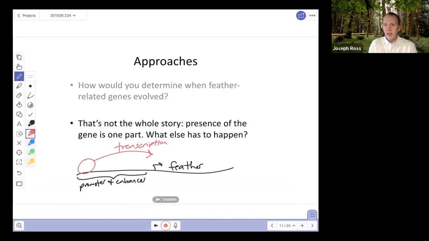So not only, in other words, do we need to worry about what's happening in terms of mutations in genes that may be involved in feather development, but also it's possible and perhaps likely, again, this is a major aspect of the concept of evolutionary development, that it's not necessarily the protein coding sequences that evolve or change or mutate to allow the evolution of novelty.